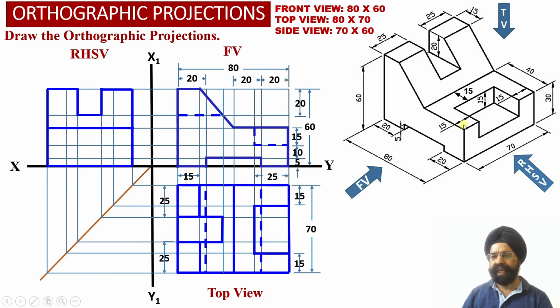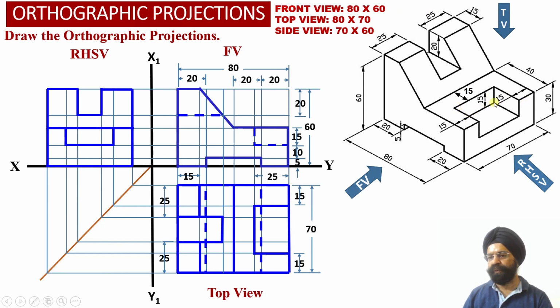Now we know that corresponding to this right hand side view face of this object, we are going to obtain the true shape projection of this vertical surface appearing towards the right hand side face of the solid. So this is the true shape projection which we have been able to obtain into the right hand side view projections. Why? Because this surface happens to be parallel to the profile plane.